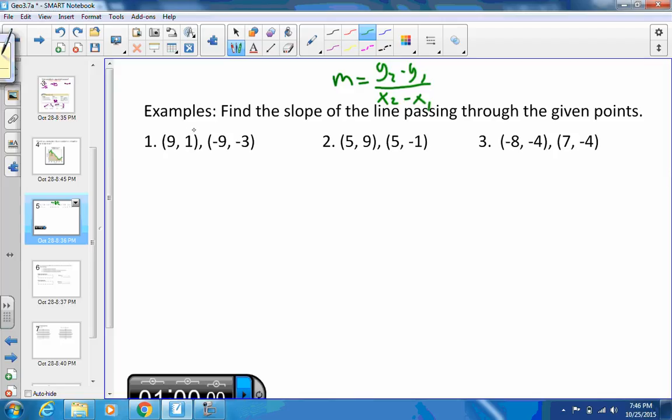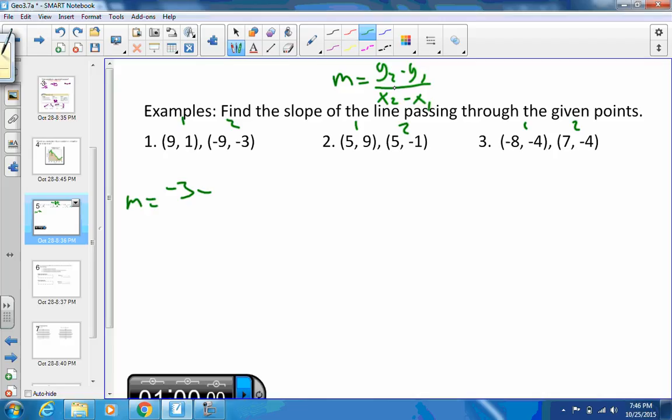So let's make this point 1 and this point 2. Same thing for all these. That way we have our x1 and y1 and our x2 and y2. So our y from the second one would be -3. So this is our slope here. We're going to use this formula.